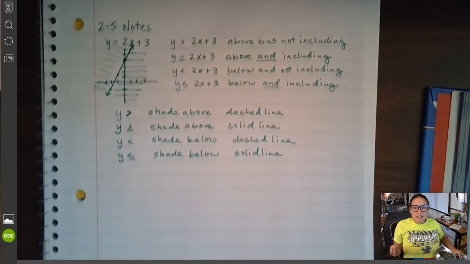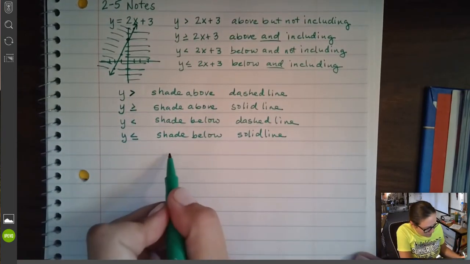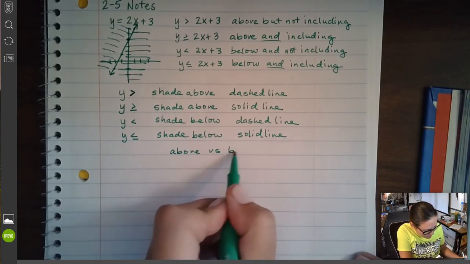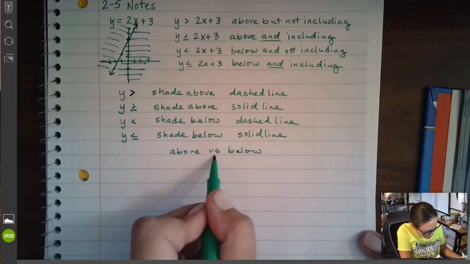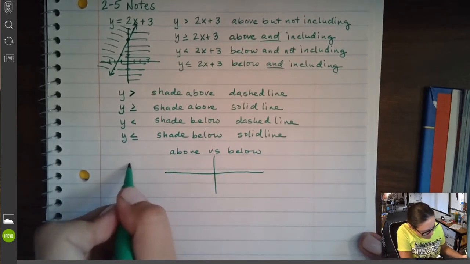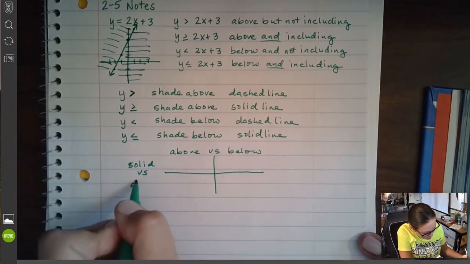Okay, so basically you're making two decisions. Here's another way to think about it. Above versus below. We're going to make a little chart here. Solid versus dashed.